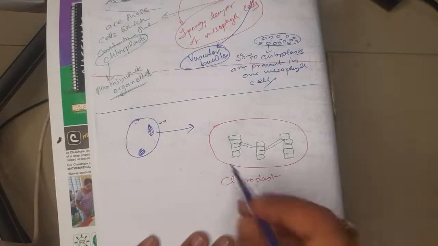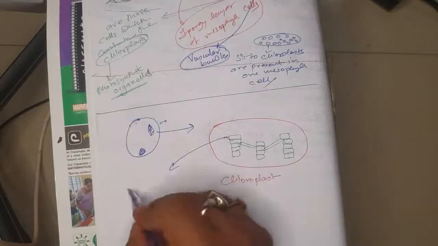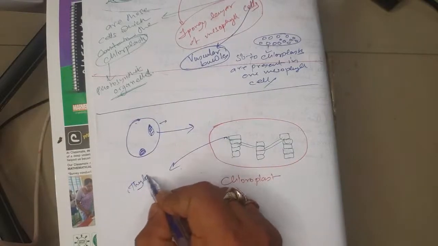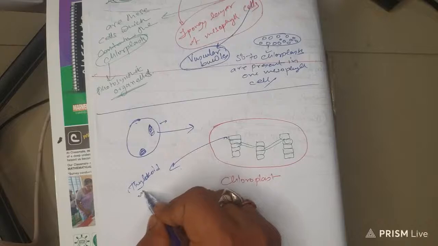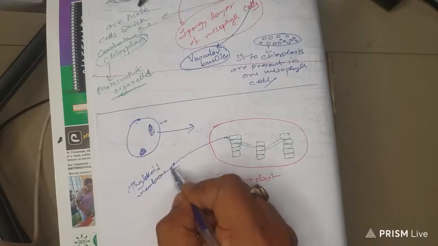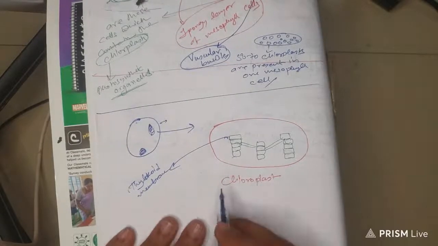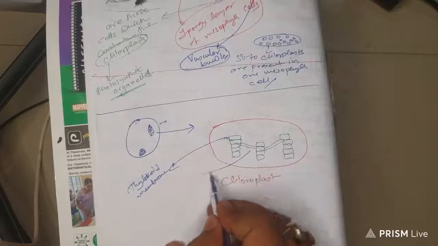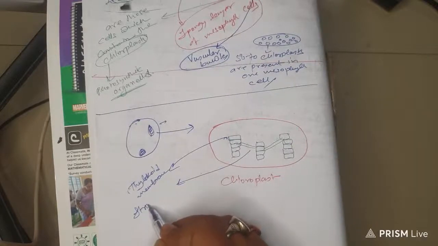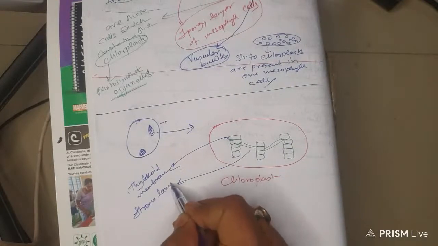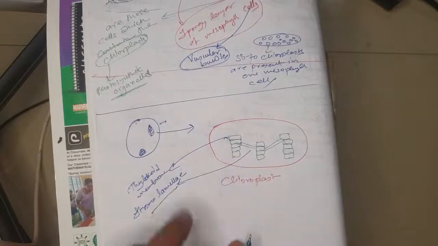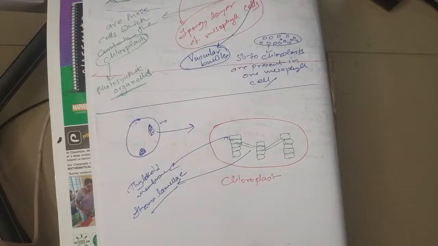These stacks are connected through stroma lamellae. So one is known as the thylakoid membrane, and the thylakoid membranes are connected by stroma lamellae.